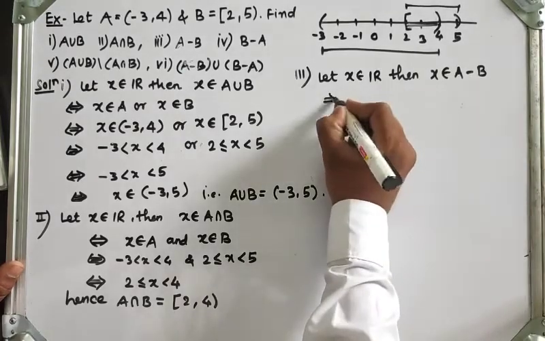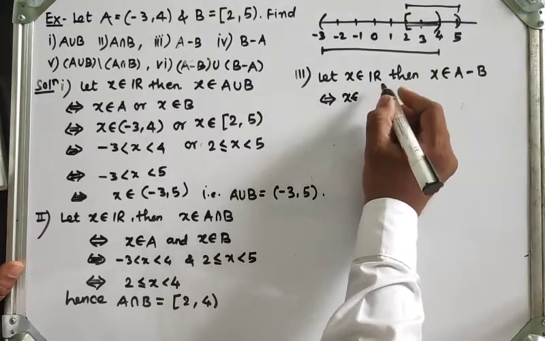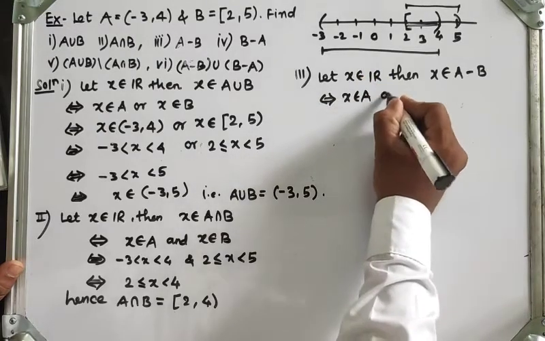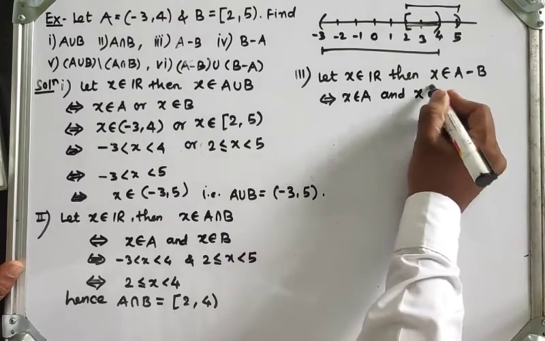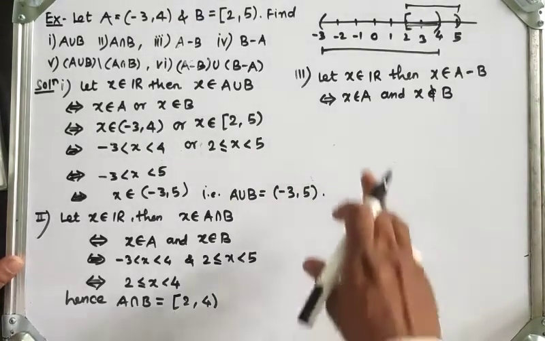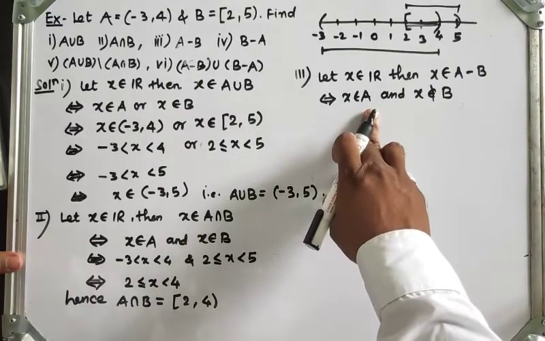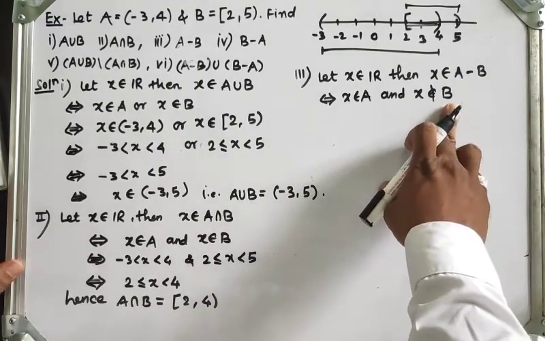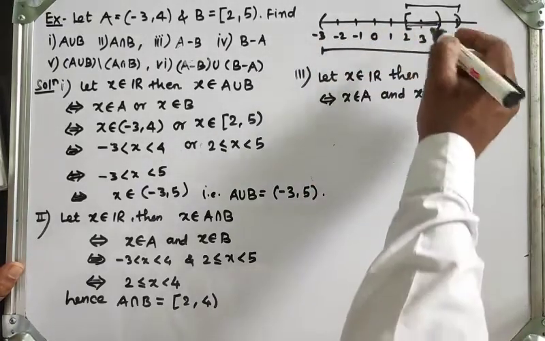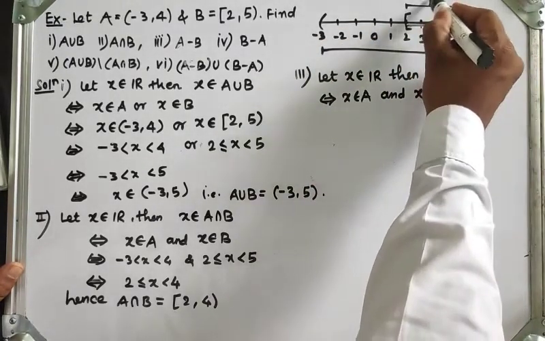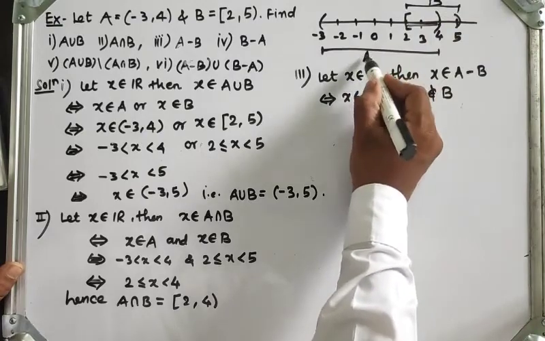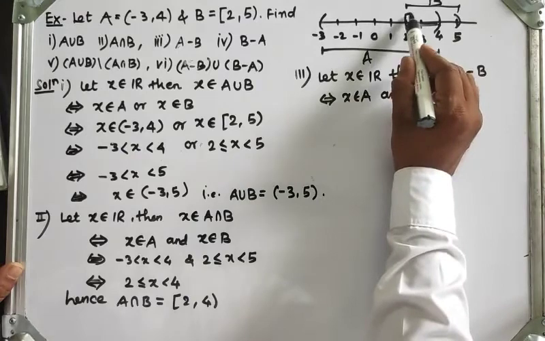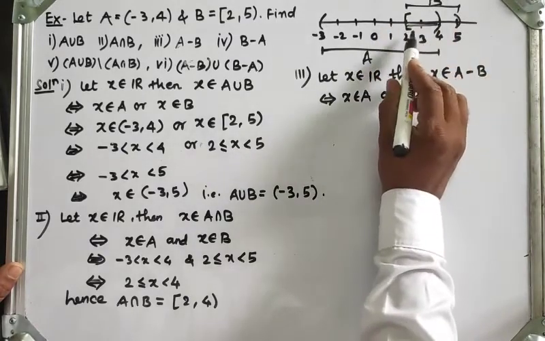So we write: if and only if x belongs to A and x does not belong to B. It means the set of those points which belong to A but do not belong to B. So what are the points which belong to A but do not belong to B? Here is set B and here is set A. The set of those points which belong to A but not in B. Here the closed interval 2 to 5 is closed B, right?